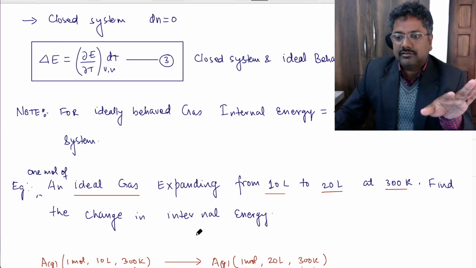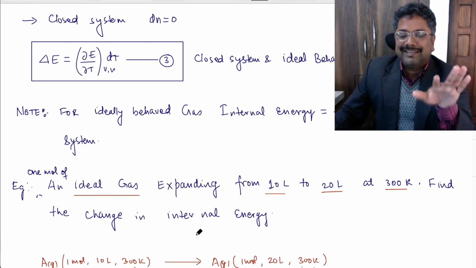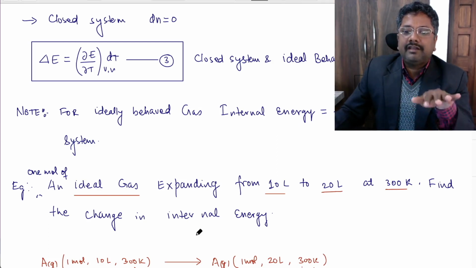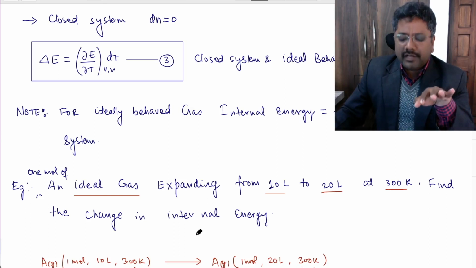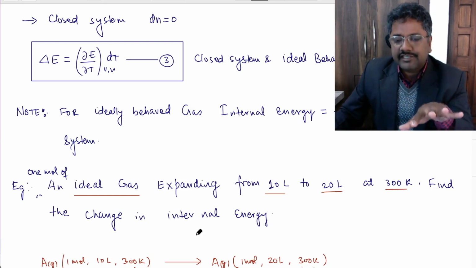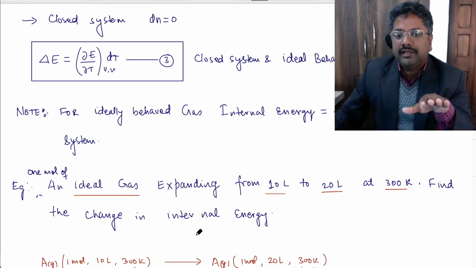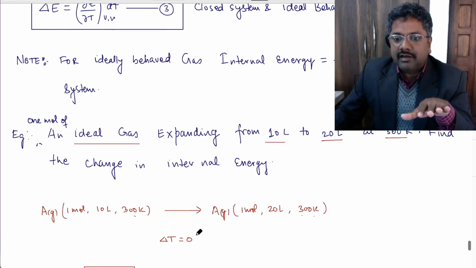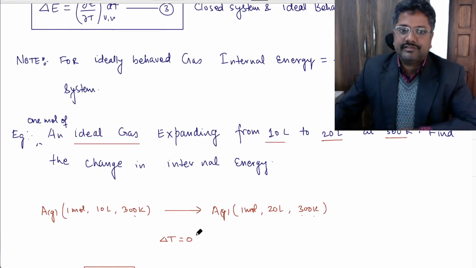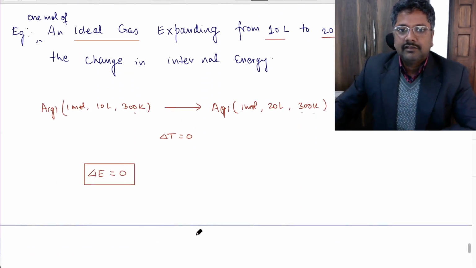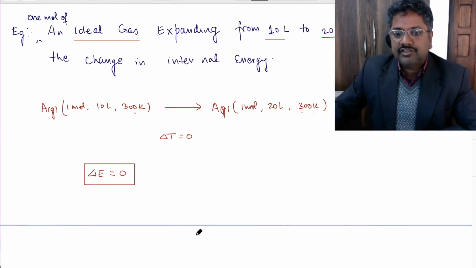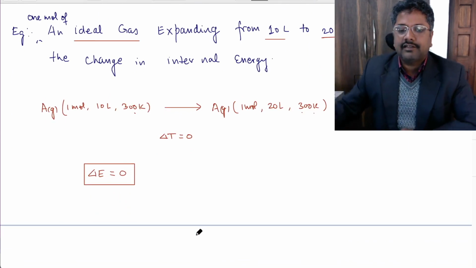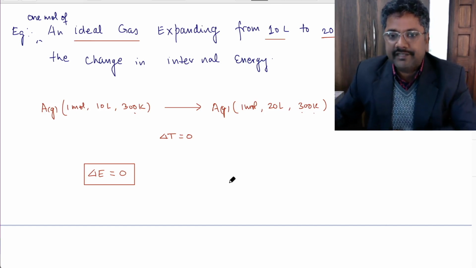You should be focused on the behavior of the gas. In many cases we deal with ideally behaved gases, but not always in exams like IIT-JEE Advanced, right? So this is the change in internal energy and on what factors internal energy depends.